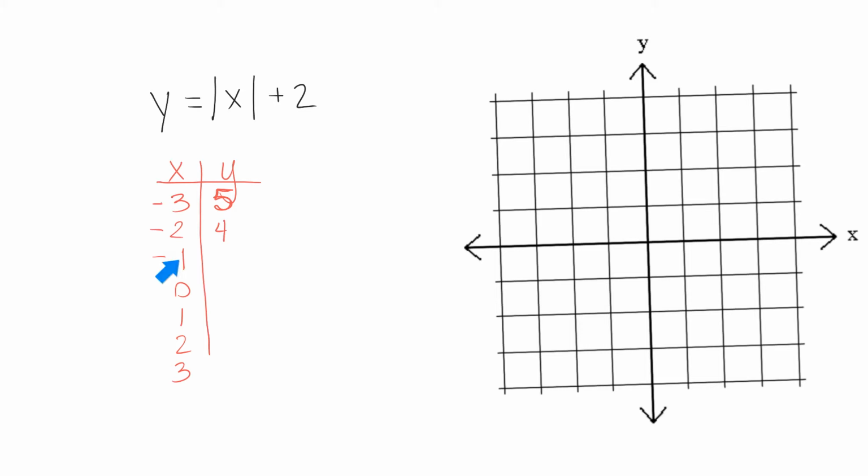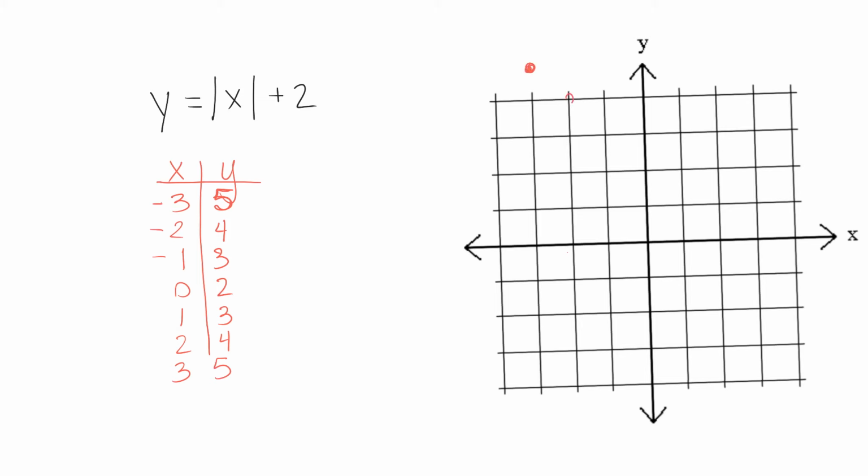The absolute value of -1 is 1. 1 plus 2 is 3. 0 plus 2 is 2. The absolute value of 1 is 1, plus 2 is 3. The absolute value of 2 is 2, plus 2 is 4. The absolute value of 3 is 3, plus 2 is 5. So if we graph these, we've got to start picking things on the graph.